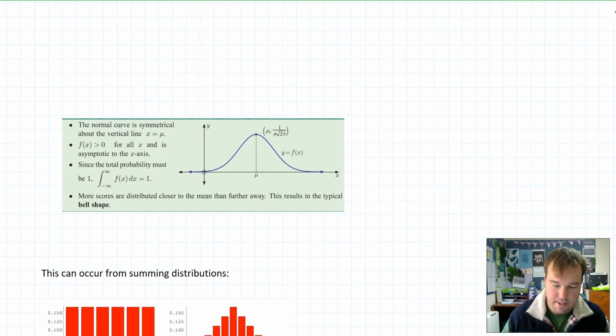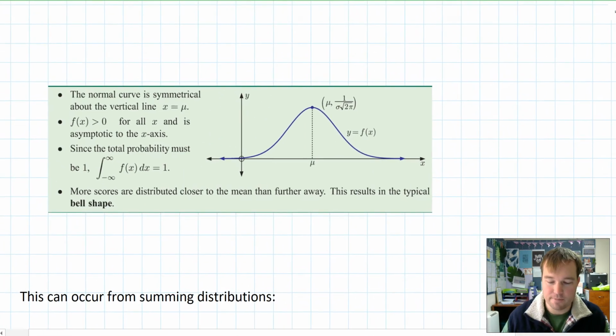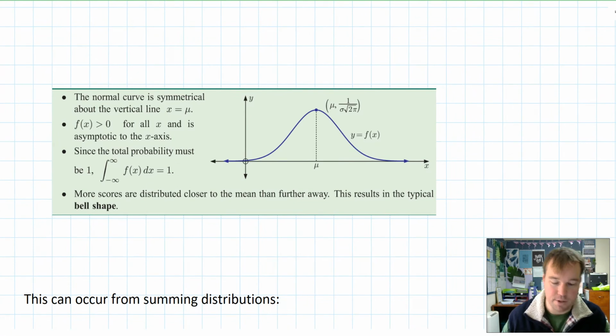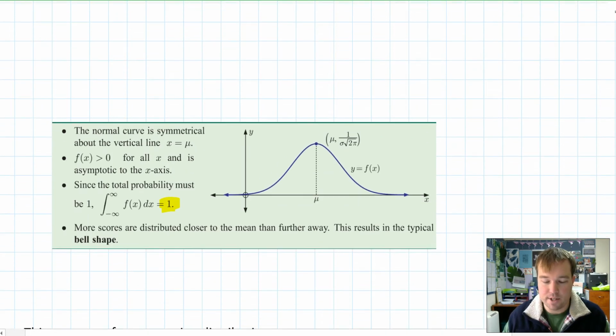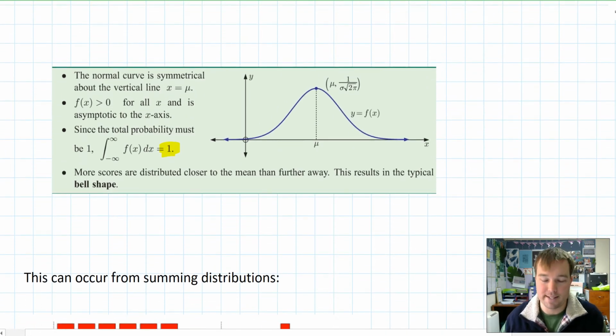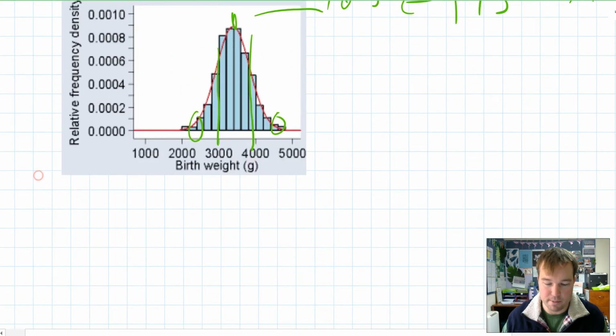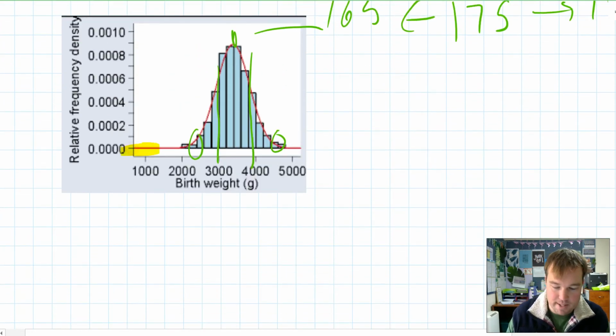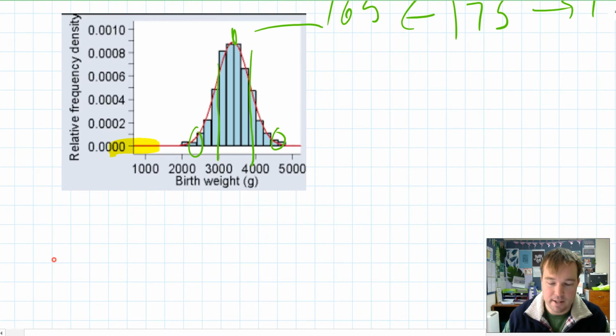Now, this normal curve, or bell-shaped curve, has some properties that we should be aware of. Firstly, it is a distribution, so the integral under the area of it is 1. And even though in some distributions it wouldn't make sense to have negative values, so for example here, clearly the baby's birth weight's never going to be negative, that's why it's flat.